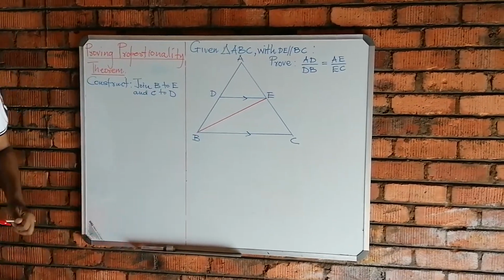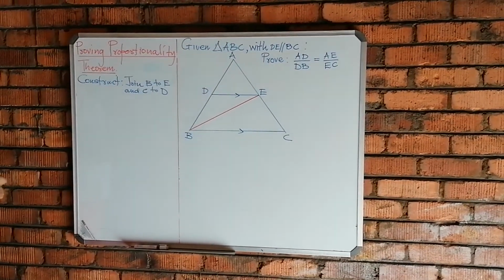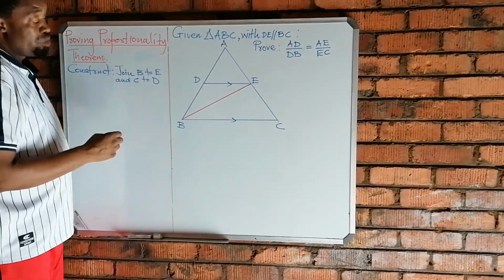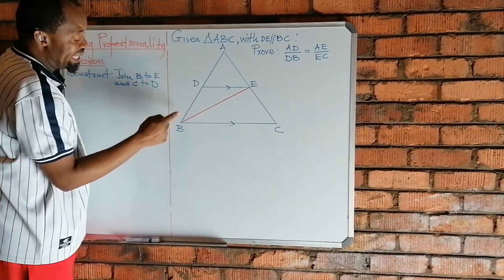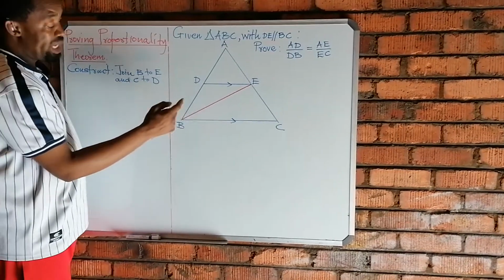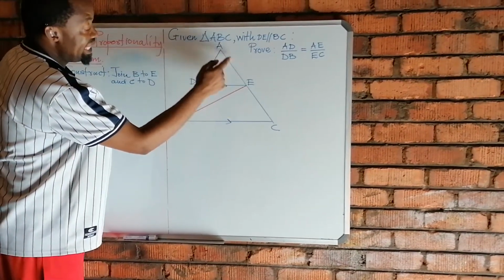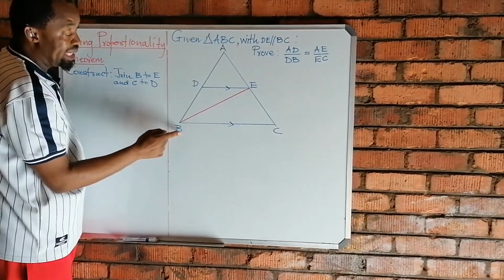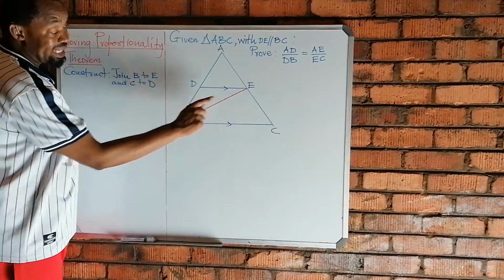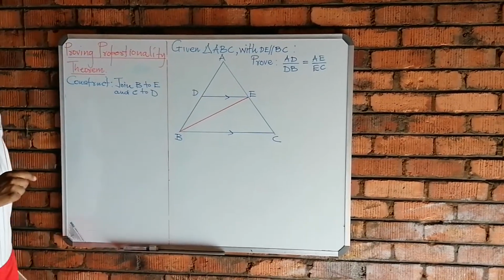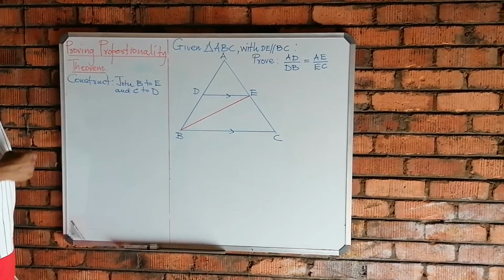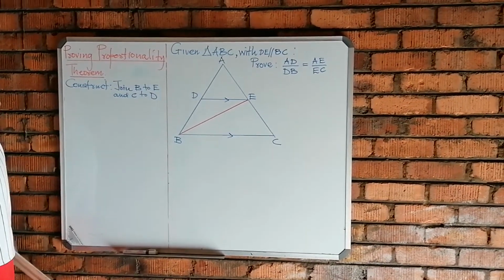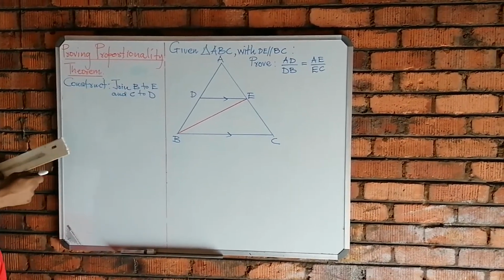I have joined that. Let's look at what we have done now. We have triangle EDB with triangle EAB. The two triangles are sharing their common vertex. That was basic knowledge number 3. Two triangles sharing their common vertex.